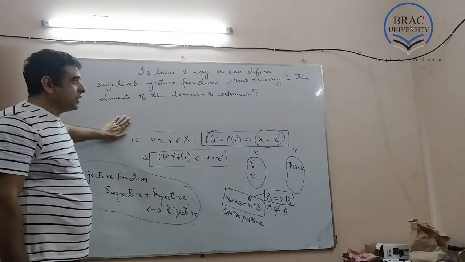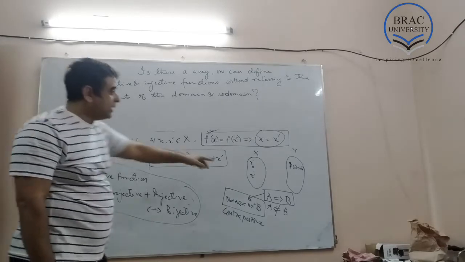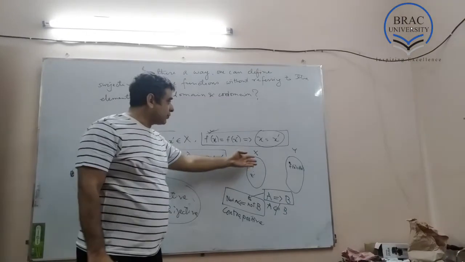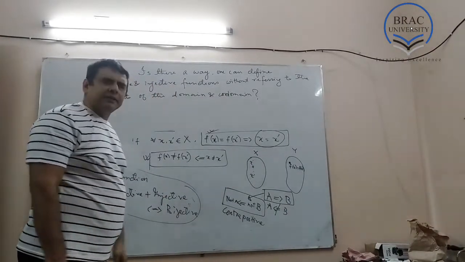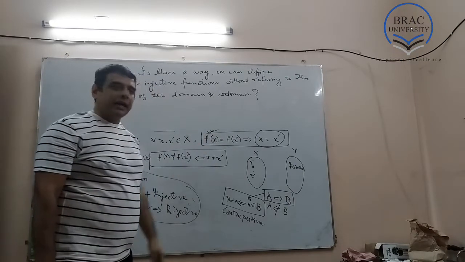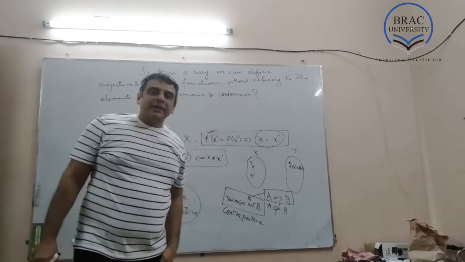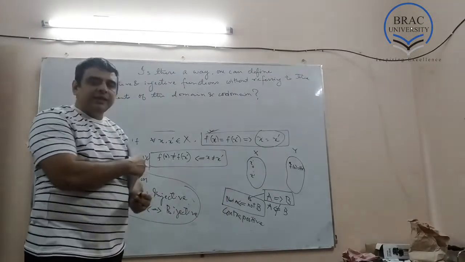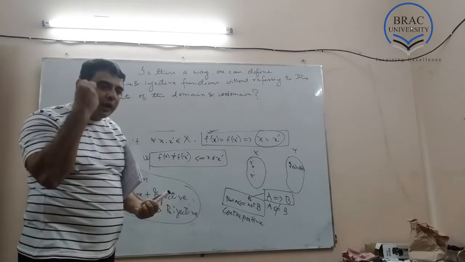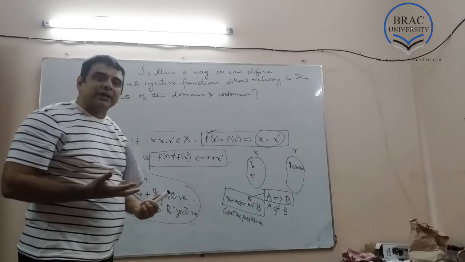In both the definitions we needed the concept of the elements of the domain and the codomain, because x, x prime are elements from the domain of the function, and f of x and f of x prime are elements of the codomain. So is there a way we can define surjectivity and injectivity in an abstract category where we don't have the idea of the elements of the objects?